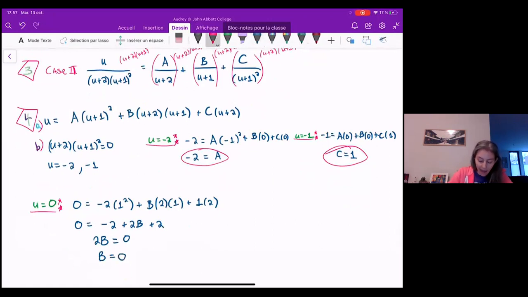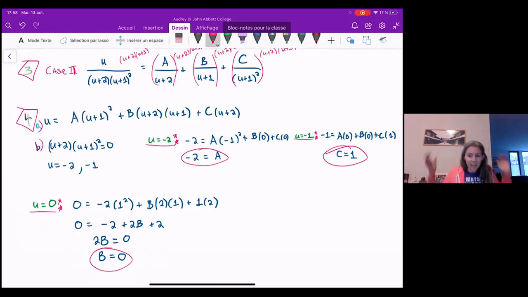Now this thing that happened here, having one of our numerators be 0, can only happen in case 2. Only. And only in the specific case where it happened right here, when that denominator, that u plus 1, was not the whole power. So what showed up in my original denominator was u plus 1 squared. So the numerator associated with u plus 1 squared cannot be 0. The u plus 2 is only there once. Its numerator cannot be 0.